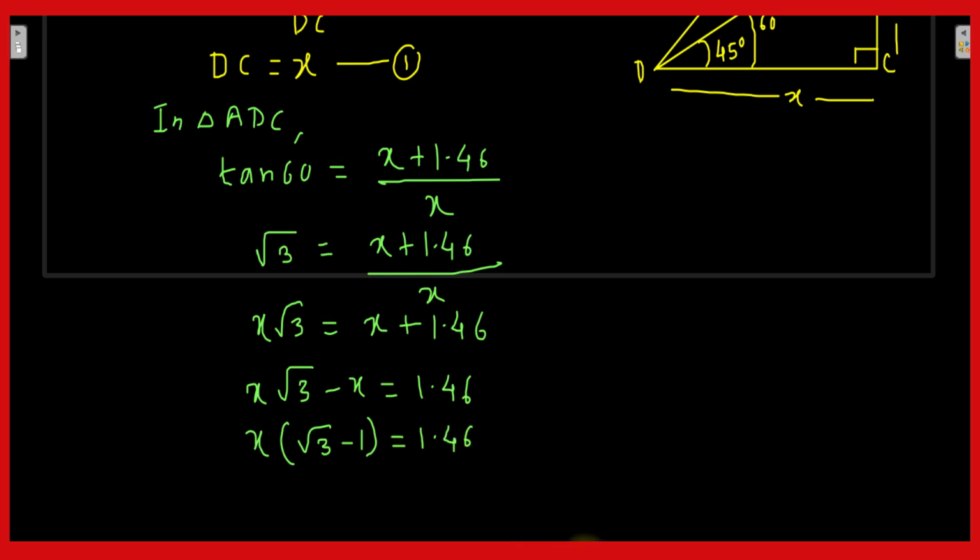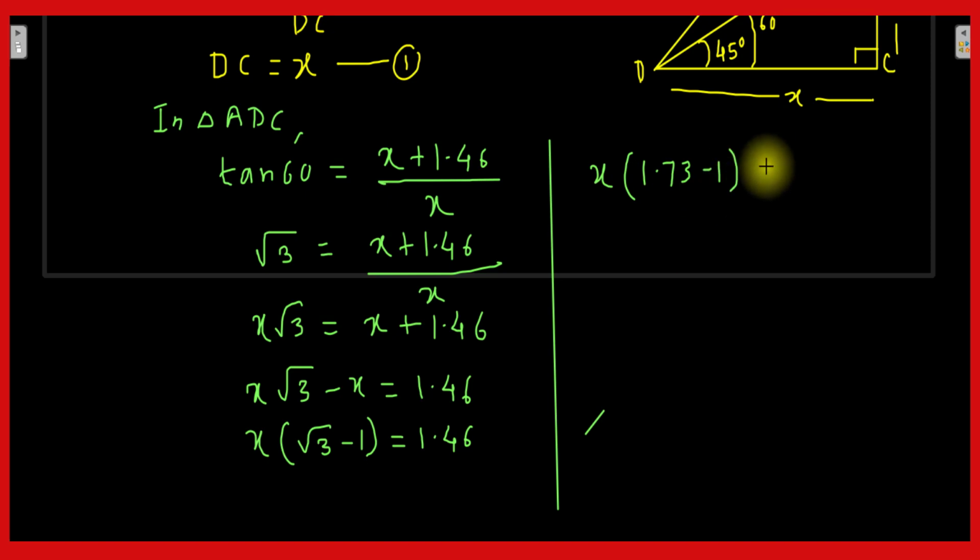Now I solve the remaining portion to this side, so root 3 will be 1.73, so x into bracket 1.73 minus 1 is equal to 1.46. So 1.73 minus 1, that will be 0.73, and if you take 0.73 to this side, it will go to the denominator, so x is equal to 1.46 upon 0.73.